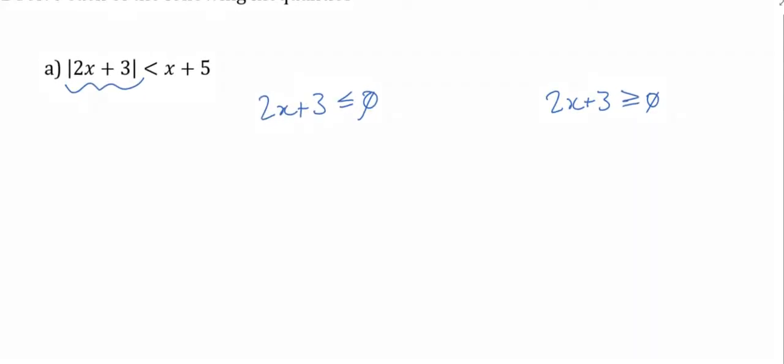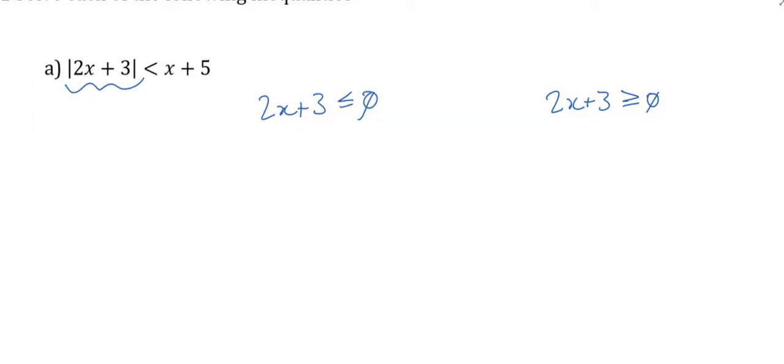Those are my 2 cases, because I'll remind you, when you're doing absolute value, if the argument of the absolute value is less than 0, what do we have to do? Multiply it by -1. But if the argument is already positive, we leave it alone. So this is me outlining my 2 cases. But I also need to know when each of those cases is actually occurring.